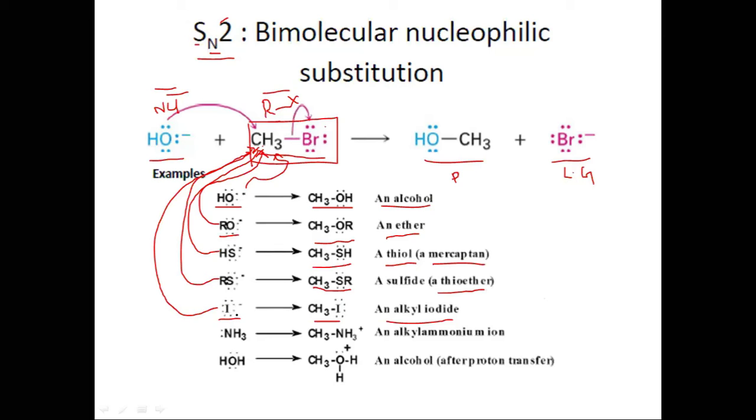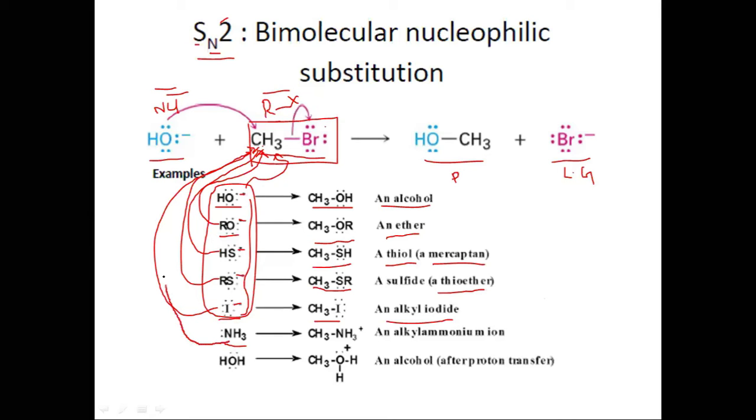In all these nucleophiles, if you look carefully, the species carries a negative charge, right? OH minus, RO minus, then HS minus, RS minus, then I minus. So these are all negatively charged nucleophiles. But if you look at the next nucleophile, NH3, it does not carry any negative or positive sign. So this is actually a neutral nucleophile, right?